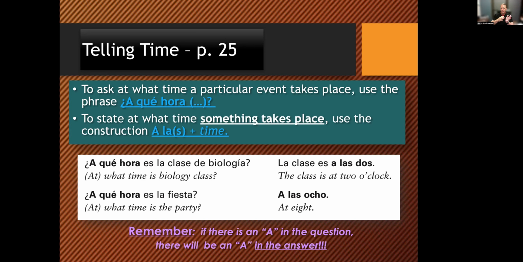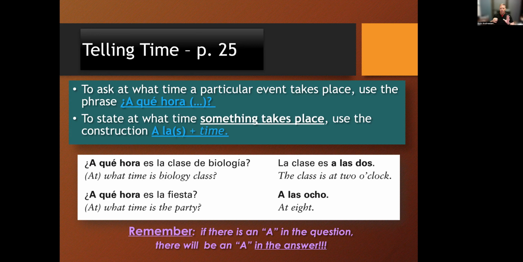So that's one of those phrases where you can go back and say the whole thing again. La fiesta es a las 8. Or you can skip the noun and verb and just answer with, just like you would in English. What time is the party? 8 o'clock. You don't have to say the party is at 8 o'clock. You can skip a lot of that stuff and just say the answer. So in Spanish, we would do the same thing, a las 8.